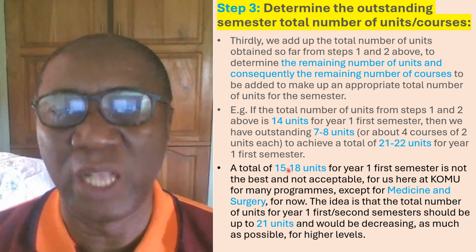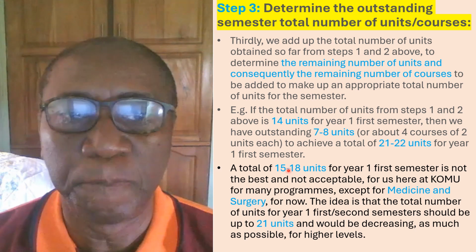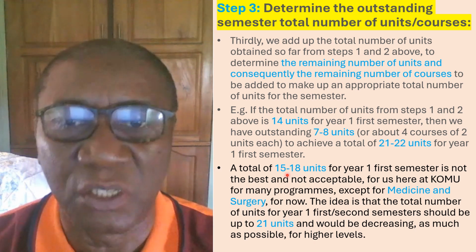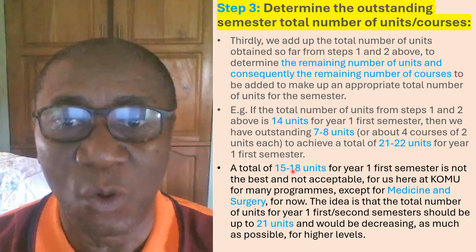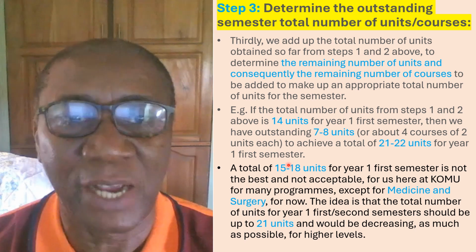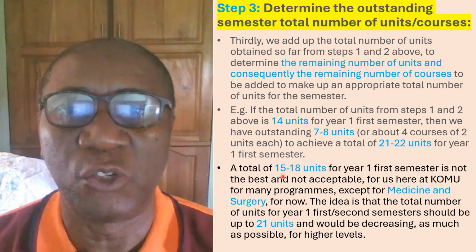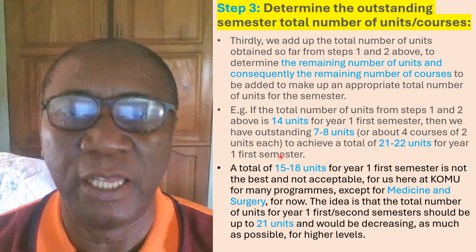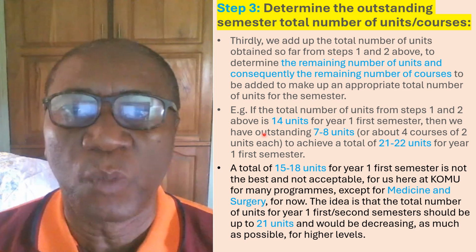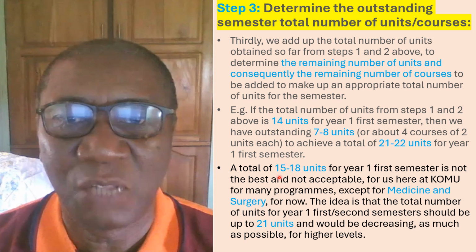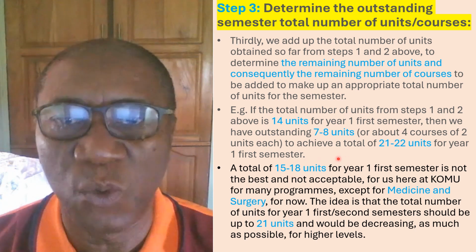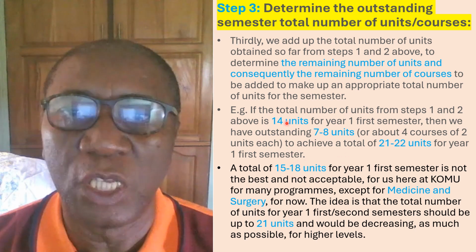No. These people have just come in year 1, and there's no provision for carryover courses, so they shouldn't do 15 units or 16 or 17 or 18, though according to the law, even if they do 15, they satisfy the law, because the law says that you should have minimum of 15 units in a semester and maximum of 24. But if you have 14, don't just add 1 or 2 units. You need to add more so as to get about 21 units, 22 units for year 1.